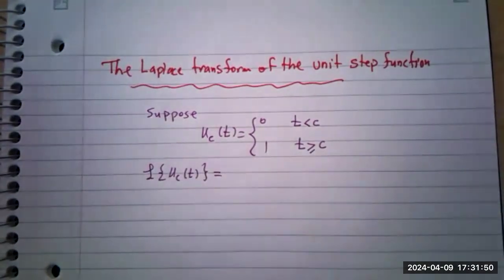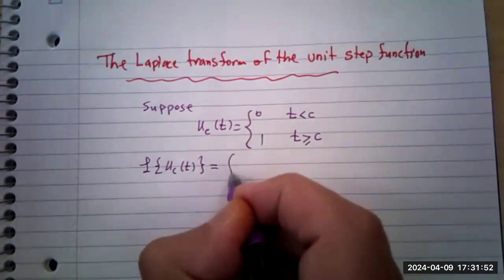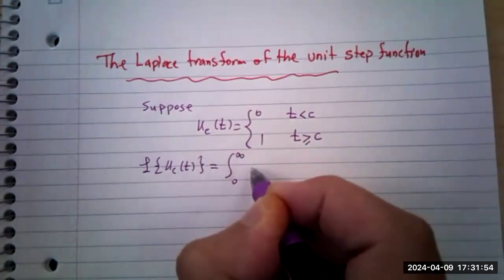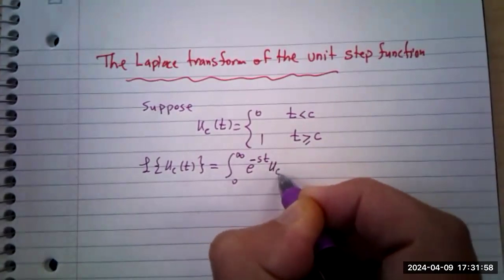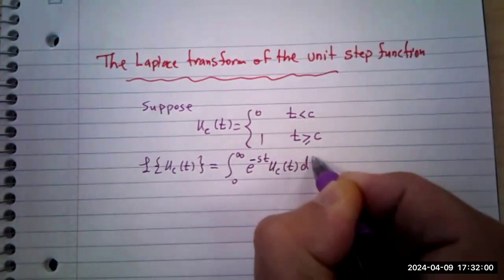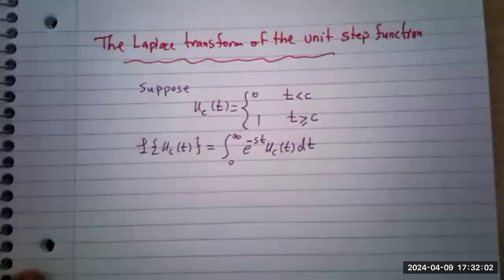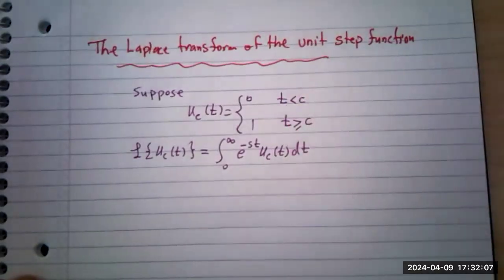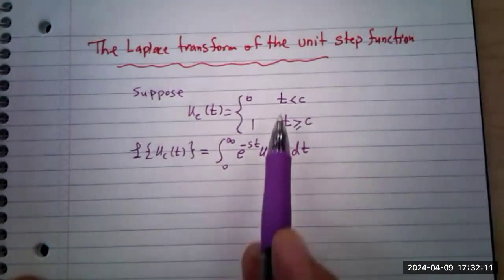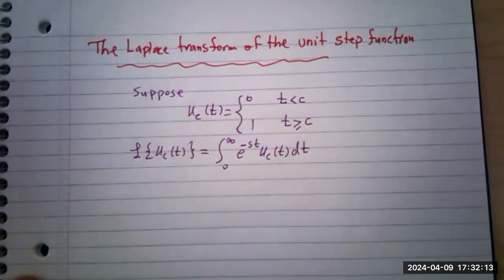So go with the formula. It's the integral from 0 to infinity of e to the negative st times u_c(t) dt. That's the definition. Since it's a piecewise defined function, you have to break it, because the function is defined differently when t is less than c and greater than c.